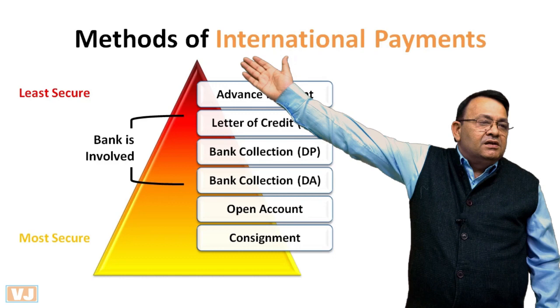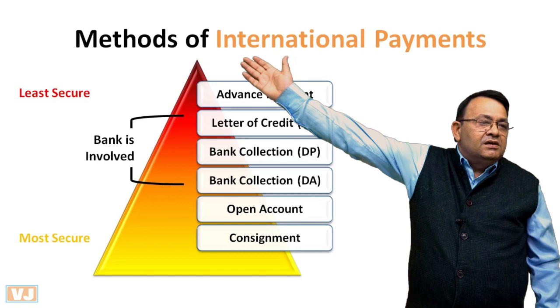In such cases where the cost is not bearable for the importer to make the international payment through letter of credit, and if the supplier agrees, then the other trade financing instruments that are offered by the international commercial banks, that is called the bank collection.